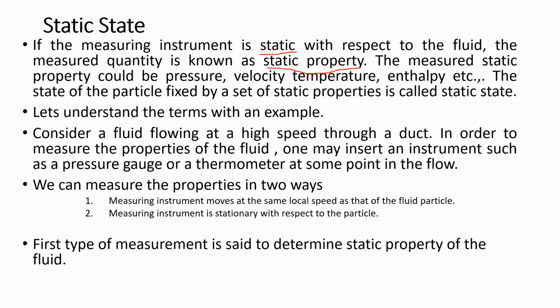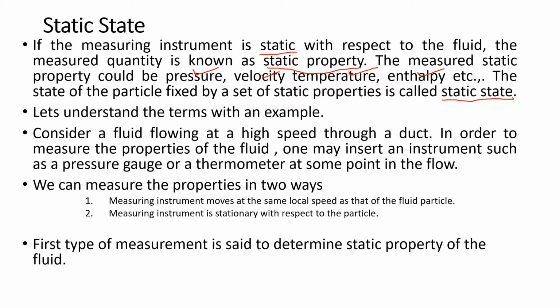This static property can be anything. It can be pressure, velocity, temperature, enthalpy. The state of a particle fixed by a set of static properties, we call it static state.